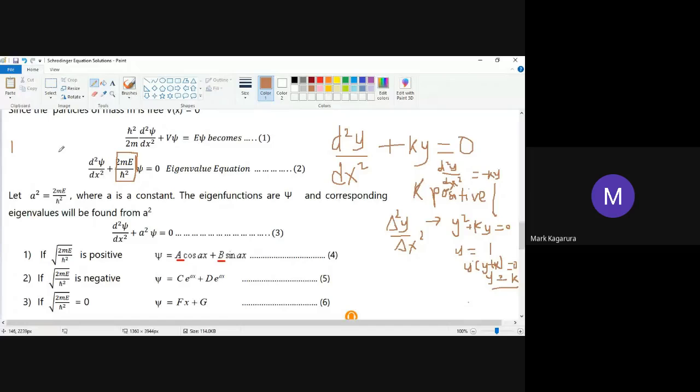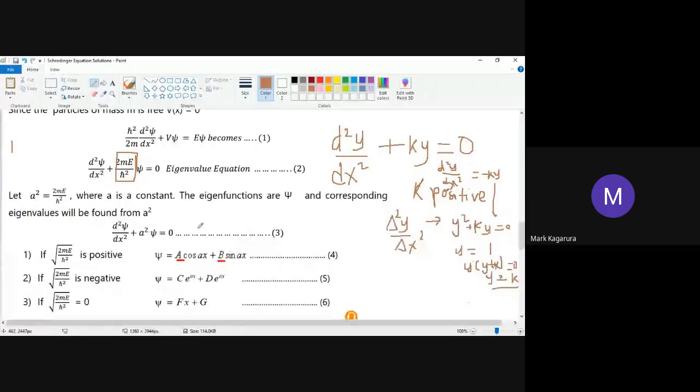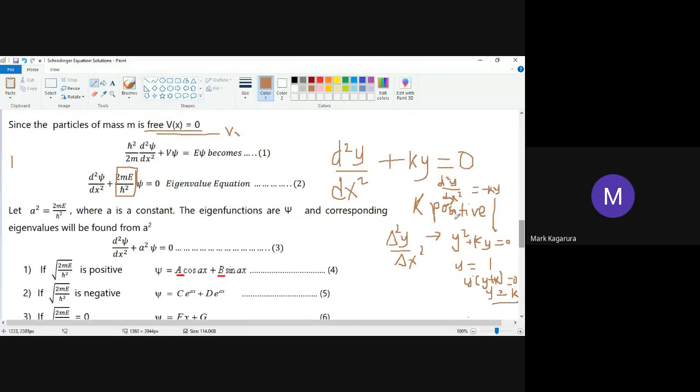You need some background knowledge of operators too. I don't have to go there for the explanation, but let's just use convenience. So when we're looking at a free particle, that means V(x) is equal to 0.